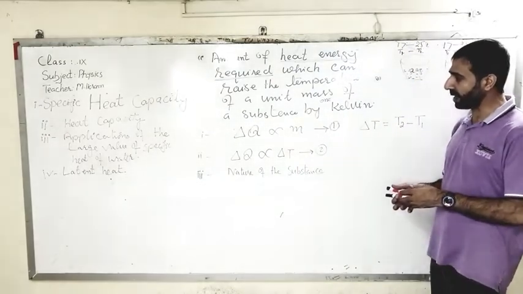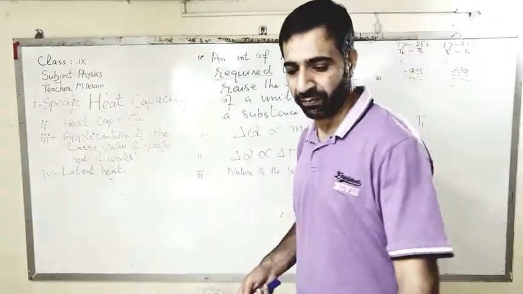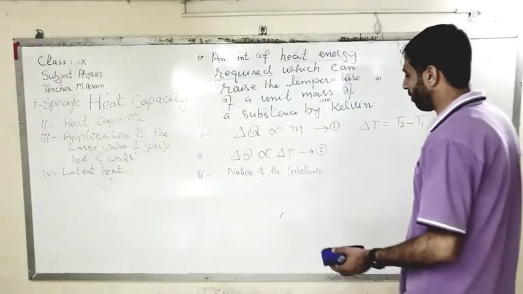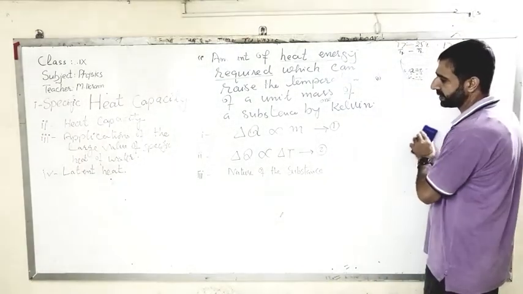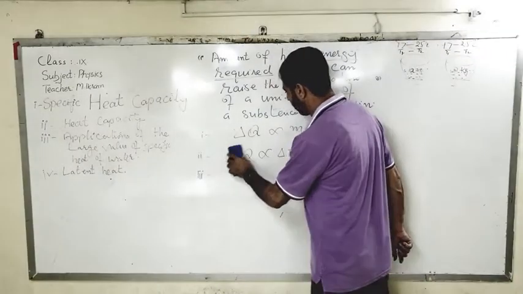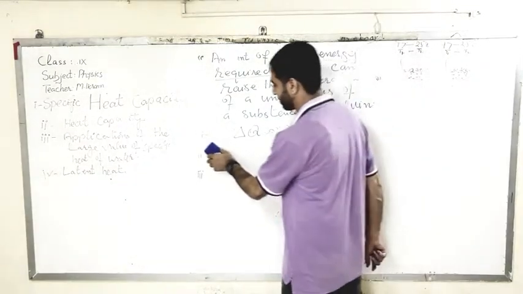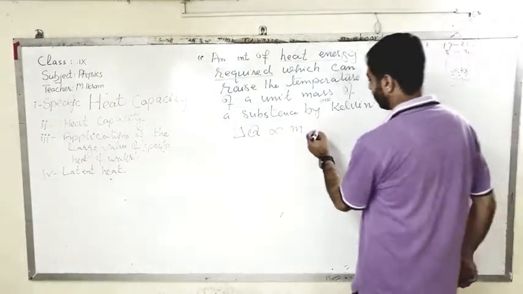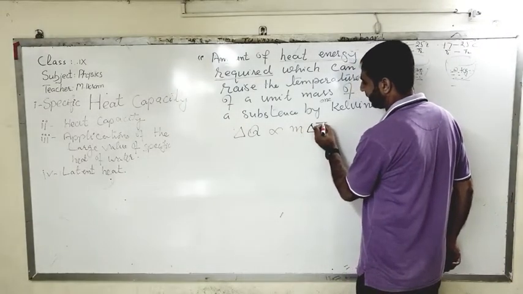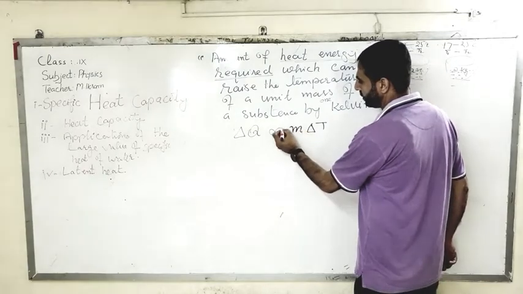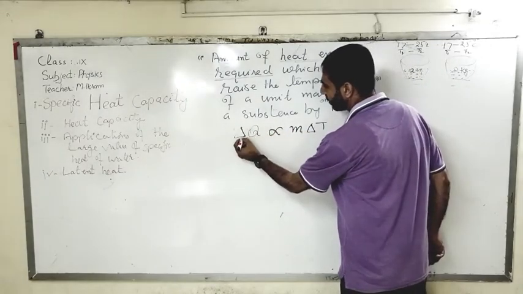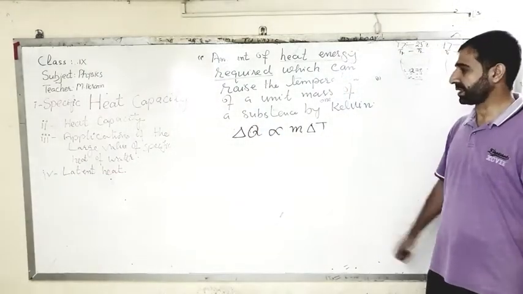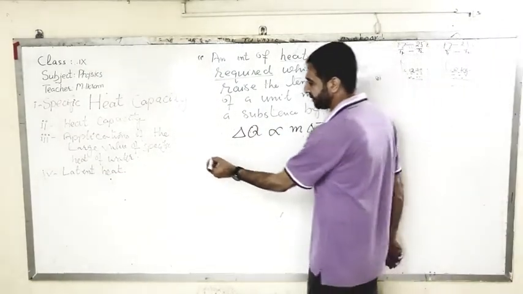Now let us combine these two equations into a single one. Let's see how, as I told you, it depends on two things: the mass as well as the change in temperature, delta T. Delta Q is proportional to M delta T. Now, what does this mean?